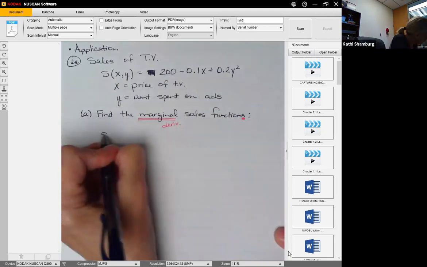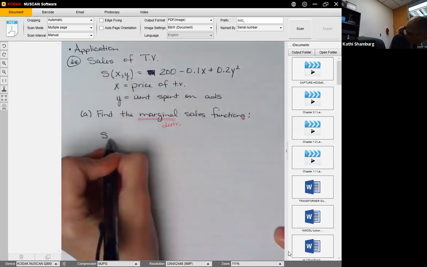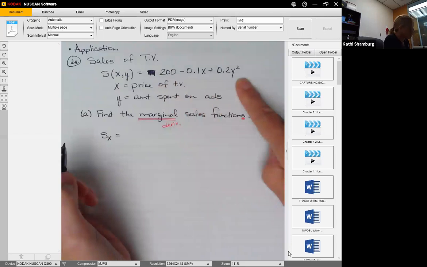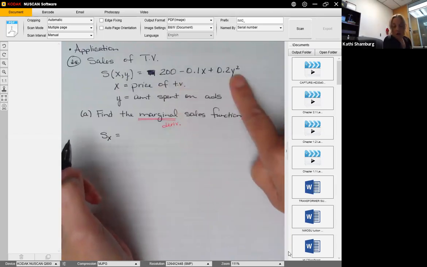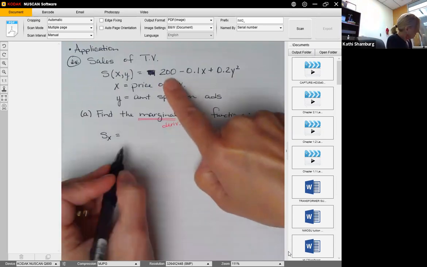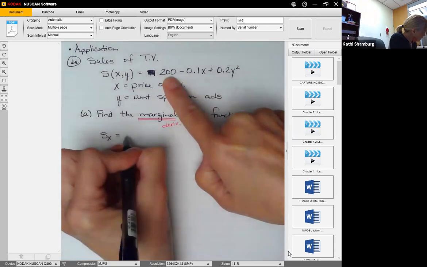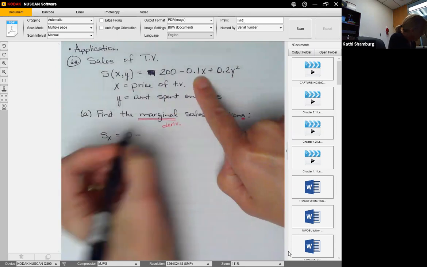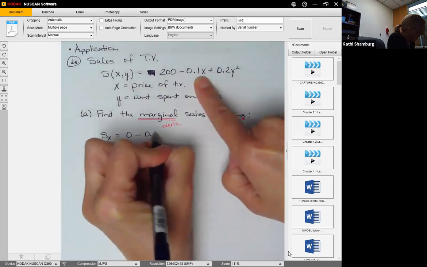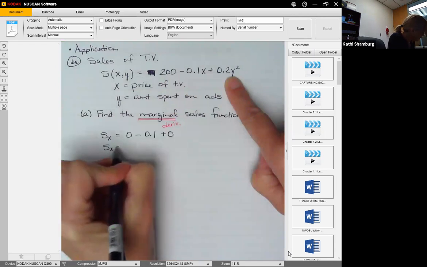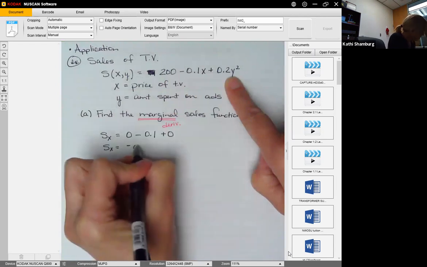So we're going to take the sales function and find the first derivative with respect to x. With respect to x, that means that anything that's a y is a constant or a constant multiple. So the derivative of this 200 is a constant, so that's 0, minus the derivative of this would just be 0.1, and then this would be another constant. So with respect to x, we just get negative 0.1.